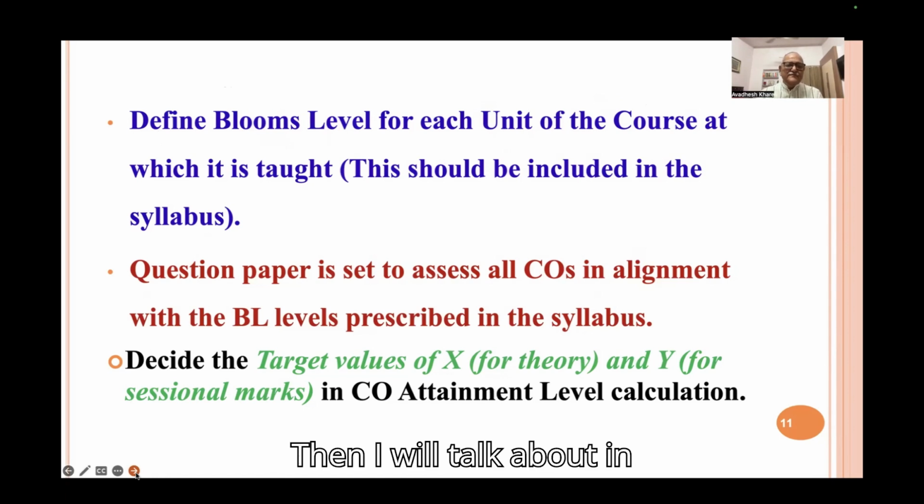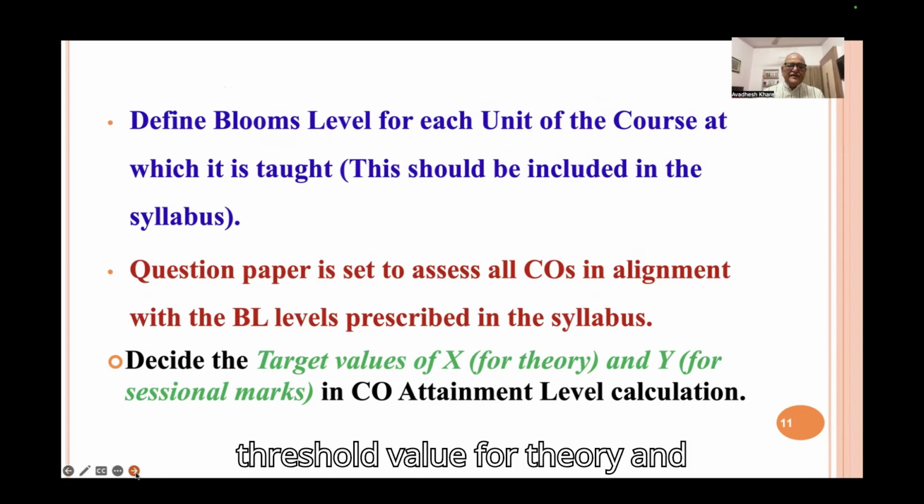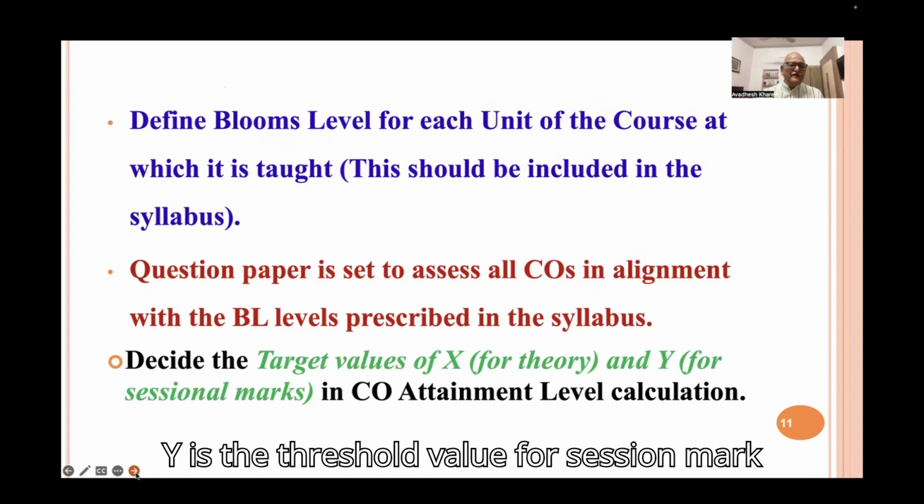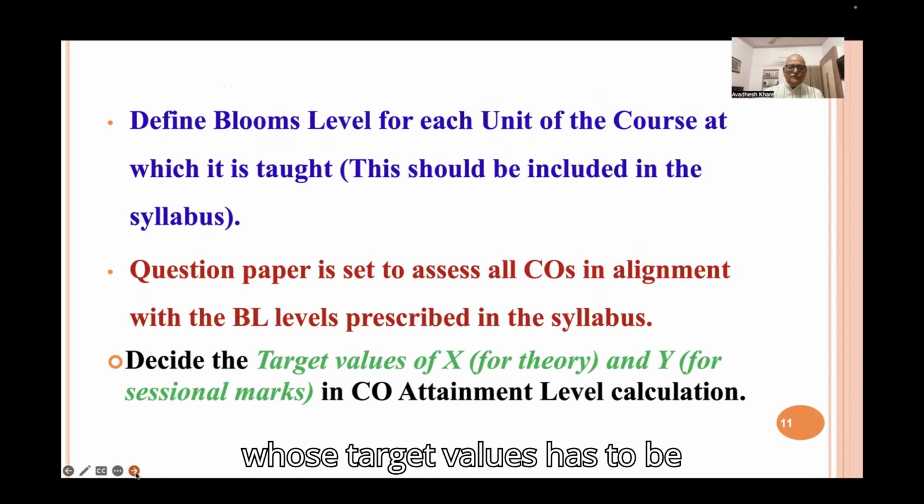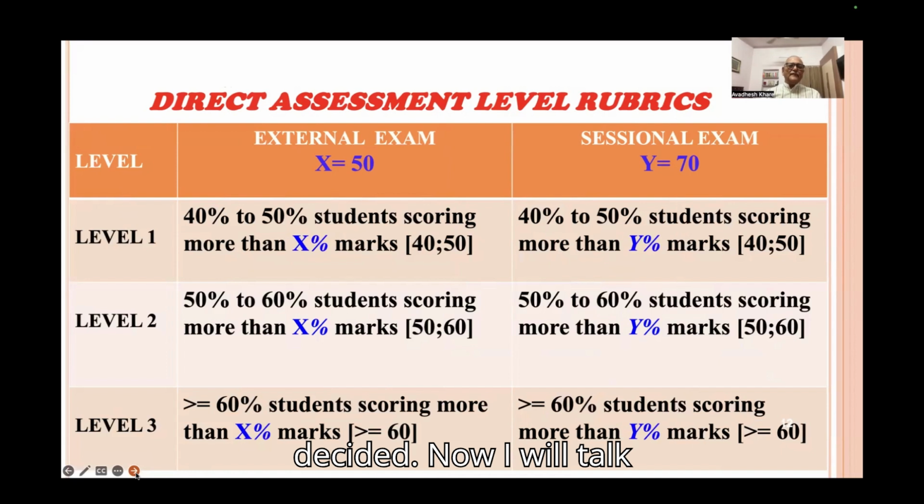Then I will talk about in the next slide two parameters x and y. X is the threshold value for theory and y is the threshold value for sessional marks whose target values have to be decided.